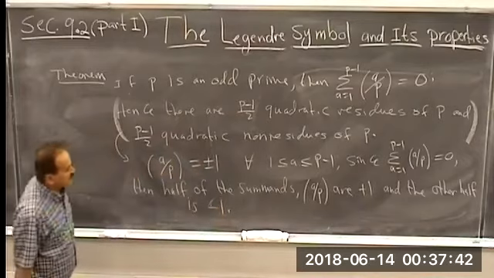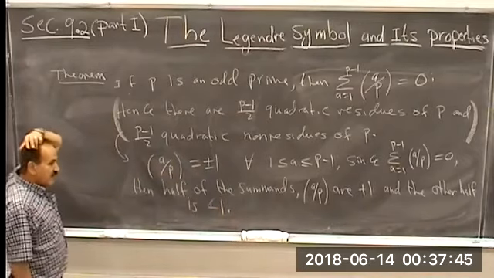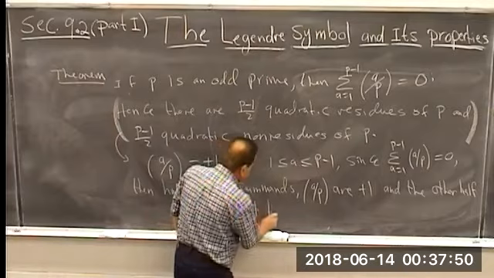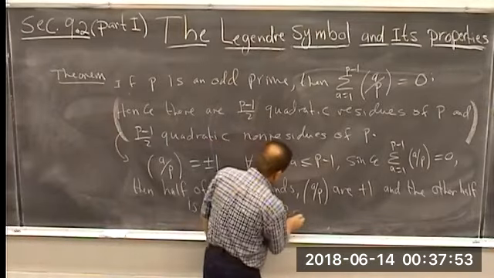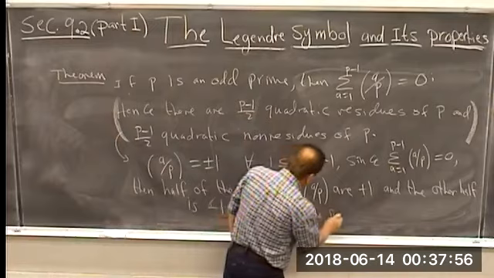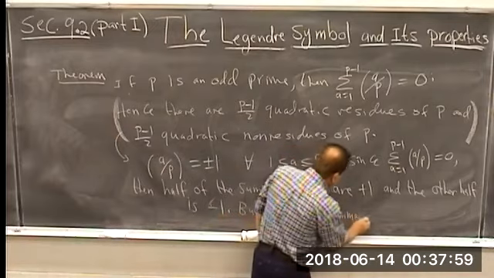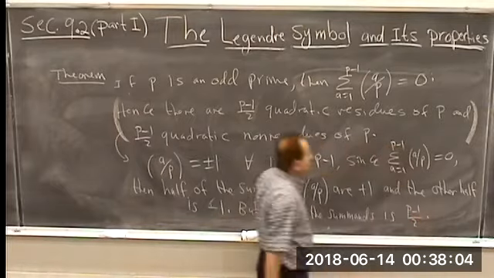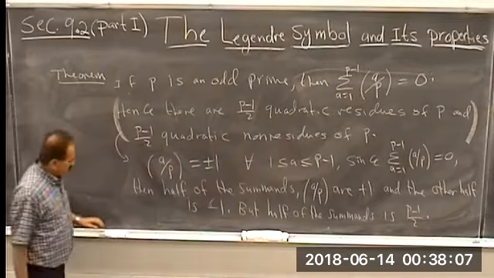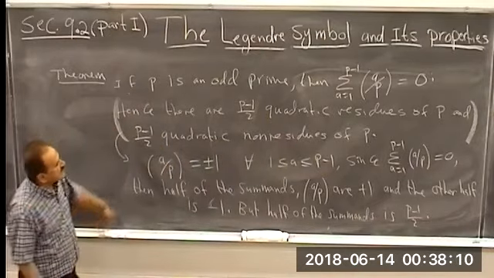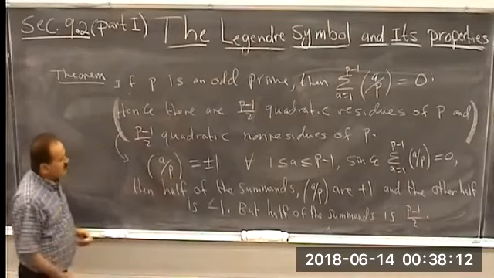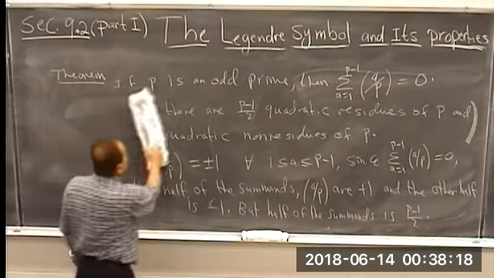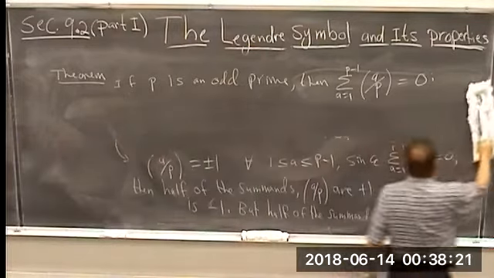They can add up, because these are the only values they have. And half of the summands is P minus 1 over 2, because we have P minus 1 integers between 1 and P minus 1. This takes care of the number of quadratic residues and non-residues. So this leaves us with proving the summation is equal to 0.